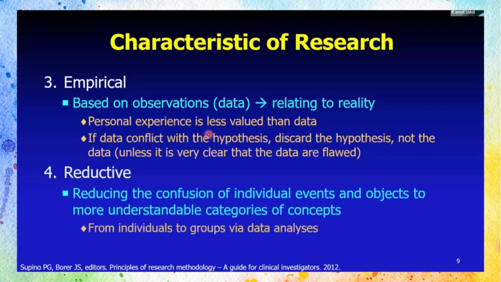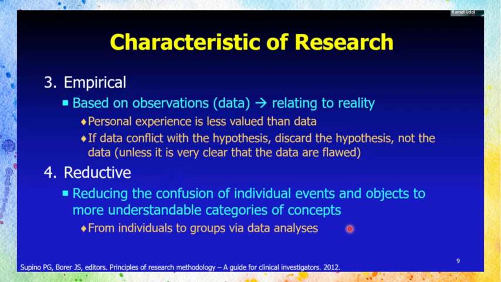The fourth characteristic of research is that it's reductive. For research, we are reducing the confusion of individual events and objects to more understandable categories of concepts. When we conduct research, we collect data, we collect information. We have many variables, and for each variable, we have many values. So these values are confusing.